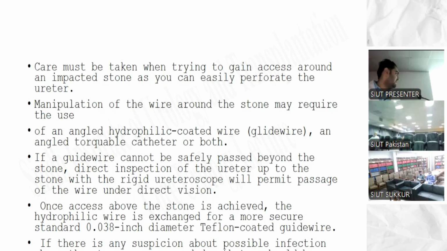If there is any suspicion of infection, for example, once we cannulate the ureter with a ureteric catheter and pus comes out, for drainage we use an open-ended ureteric catheter.